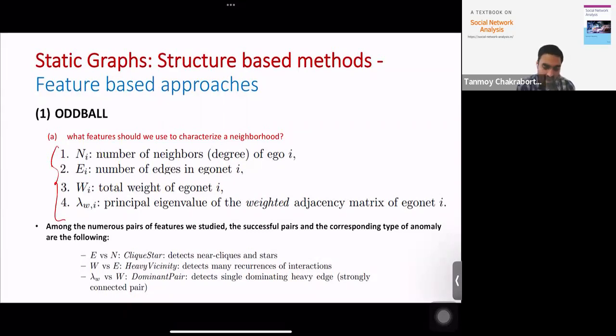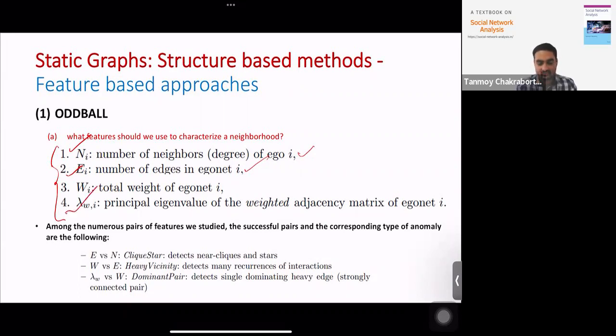Next, the number of edges in the ego network, E_i. But remember, number of neighbors and number of edges are different. Why? Because within the alters, within the neighbors, there might be edges, and those would be counted in E_i, but not in N_i. What is W_i? W_i is the total weight of the egonet. So basically, you take the sum of all the weights of the edges present in the egonet.